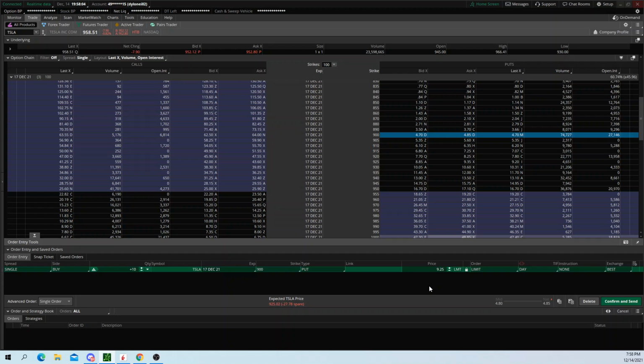Same thing goes for the stop loss. Rather than putting your stop loss in, which you can do as a hard stop, I personally use a mental stop loss when trading weekly options. So what I do in this case, our predetermined stop loss was $950.